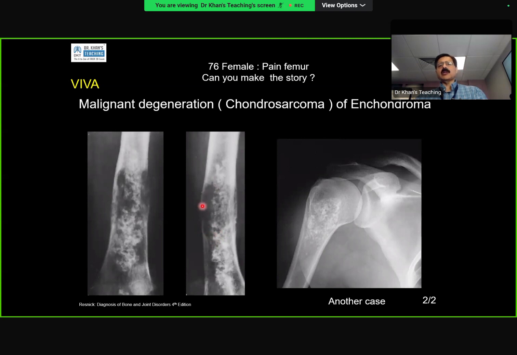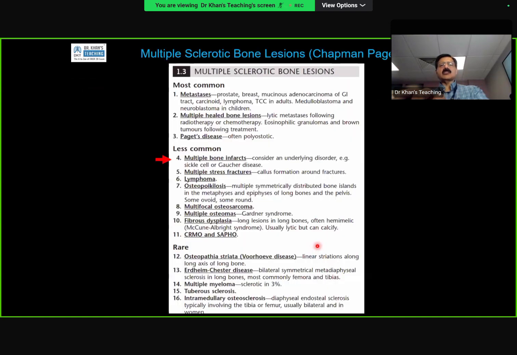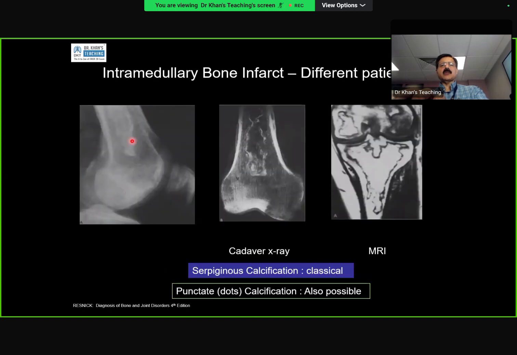Key point to remember is that this is an enchondroma because of the pattern of calcification, which is ring and arc, which is like this. On the other hand, classical serpiginous calcification can be in bone infarcts, which can also malignantly degenerate. Okay, candidate 5.